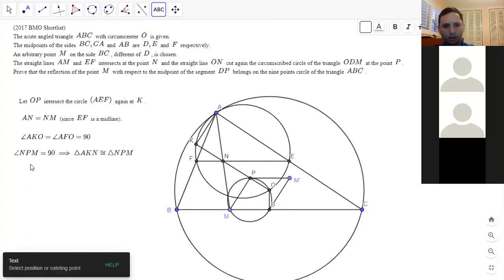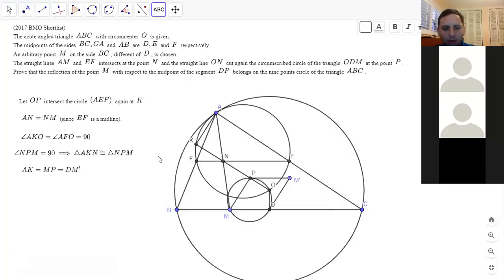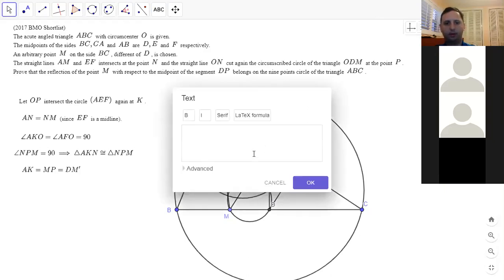So AK equals MP equals DM prime. And also KD is parallel to AM prime, because AK is parallel to MP is parallel to DM prime.